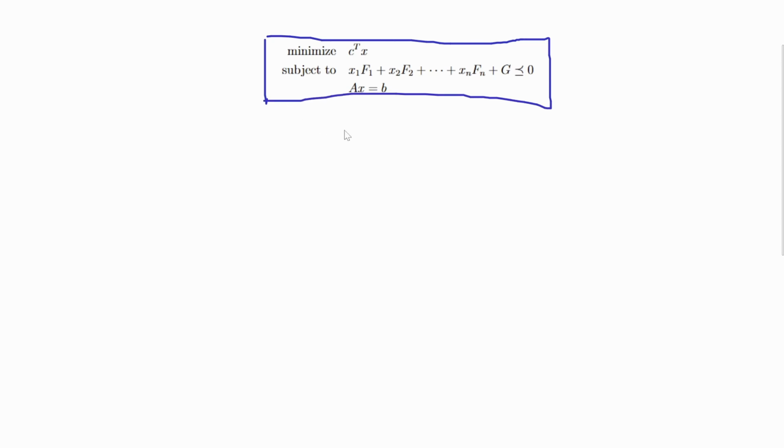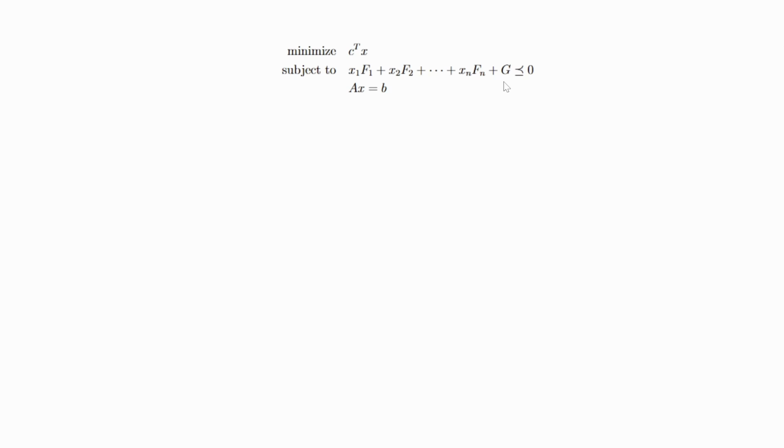G and F_1 through F_n are symmetric matrices. The constraint here is often called the linear matrix inequality. The reason is that it's a linear combination of matrices, so it's linear in x, but the inequality is over a positive semi-definite cone.